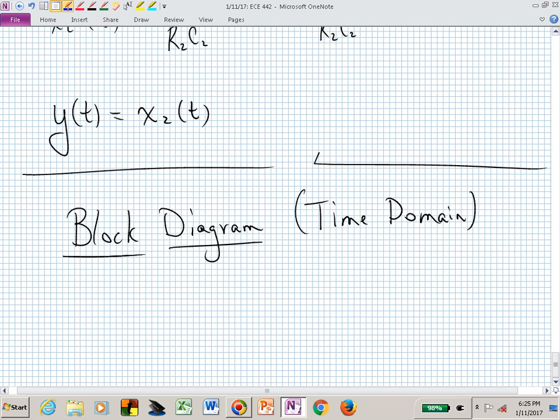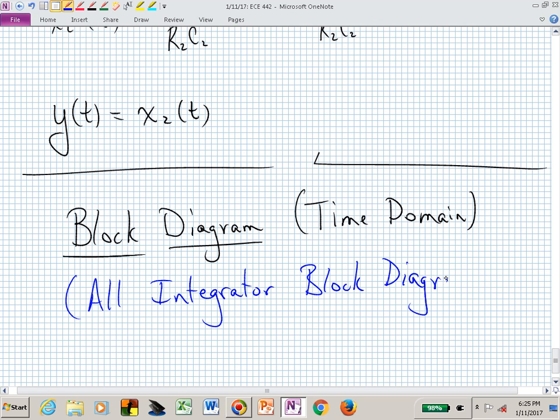This is in the time domain, and it's continuous time. And we can find this all-integrator block diagram directly from our state space representation.